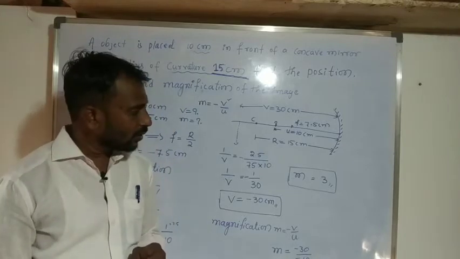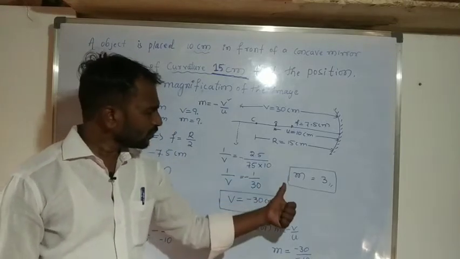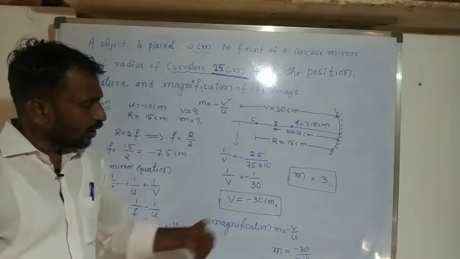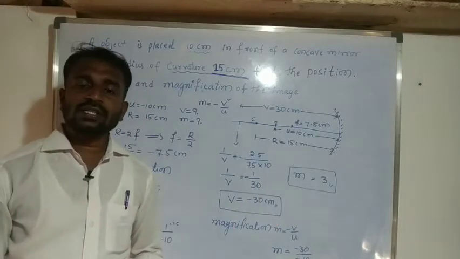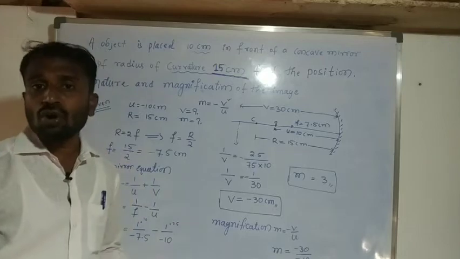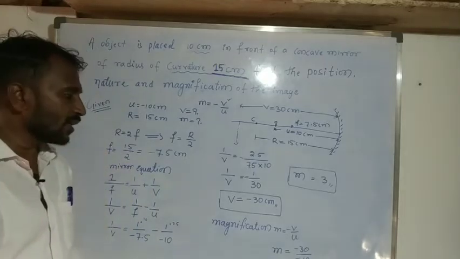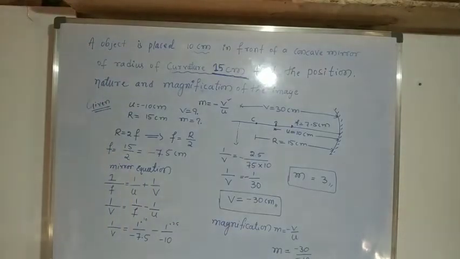And the image distance is in negative order, so the image is formed in front of the mirror. So we consider this image a real and inverted image.